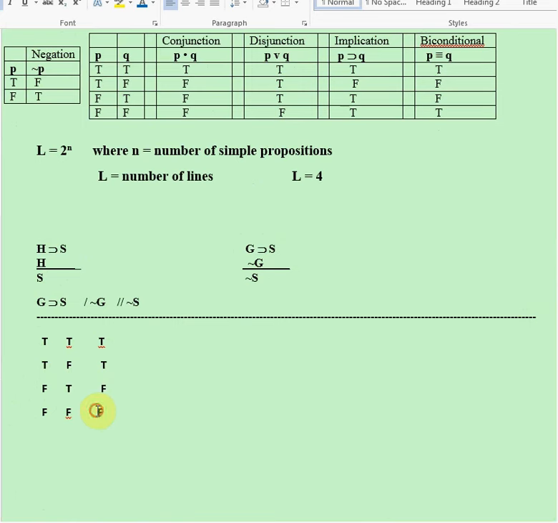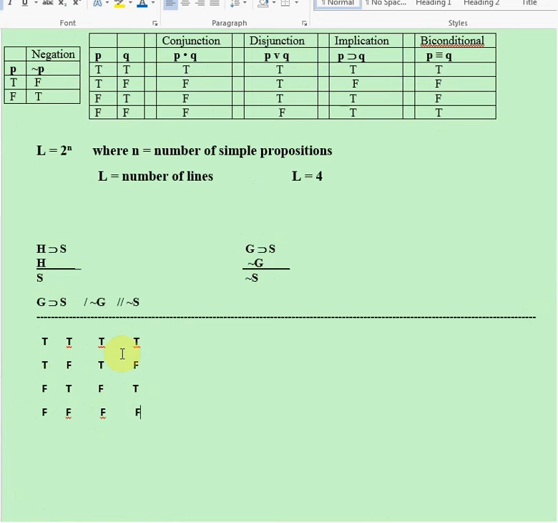So that would be our truth values for the second G here. We're not worried about the tilde yet. We'll get to the tilde in a second. And then the S is the TF, that's our alternating one. So that will look like this, TF, and then TF. Okay, this is our initial truth value distribution.